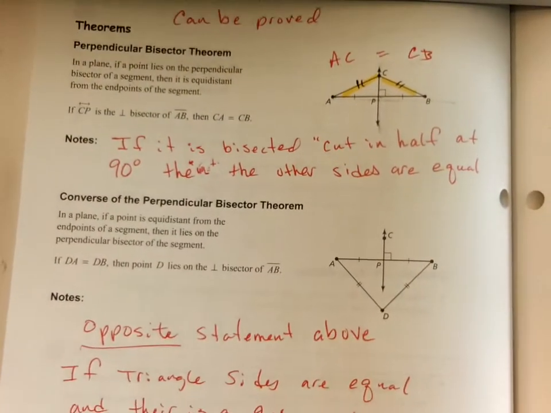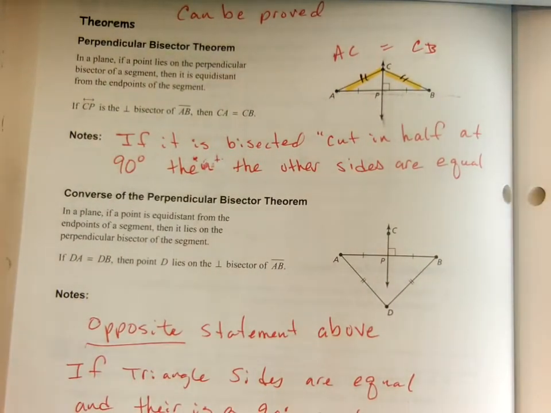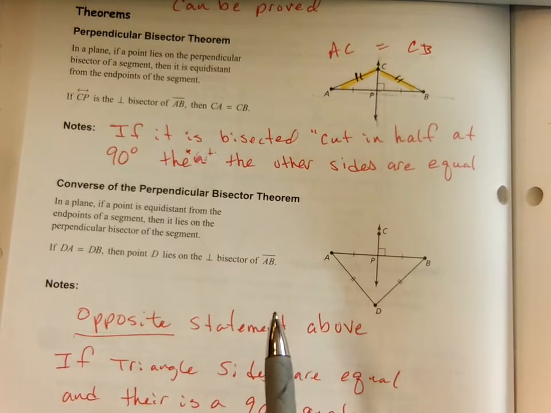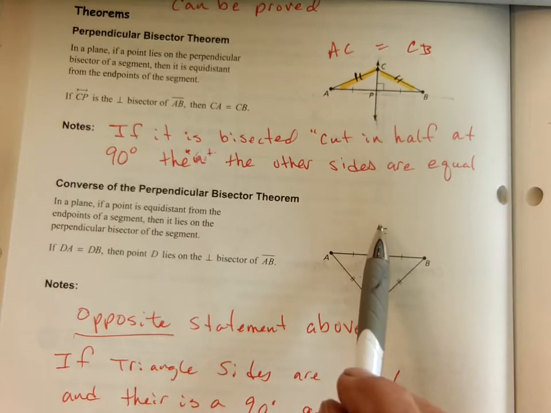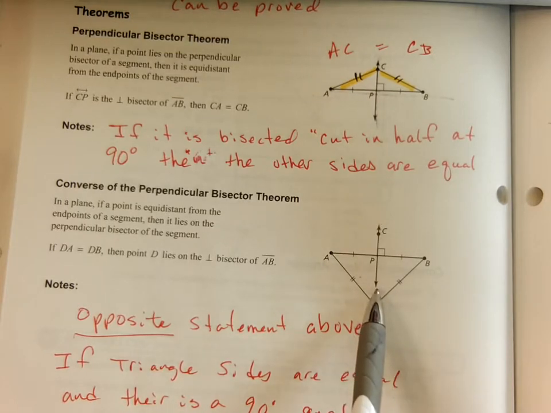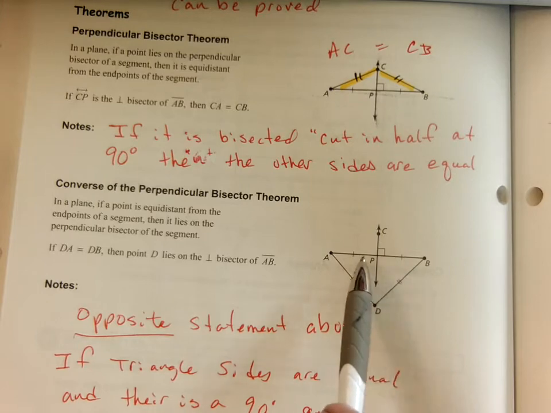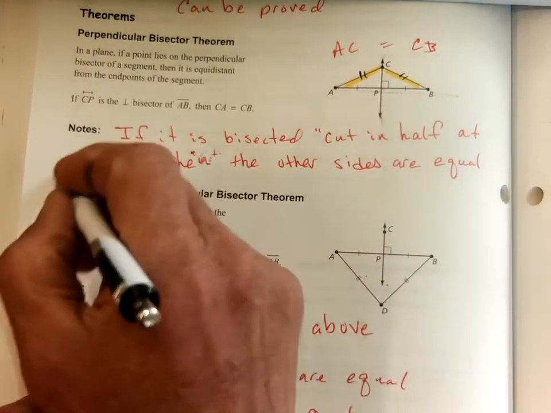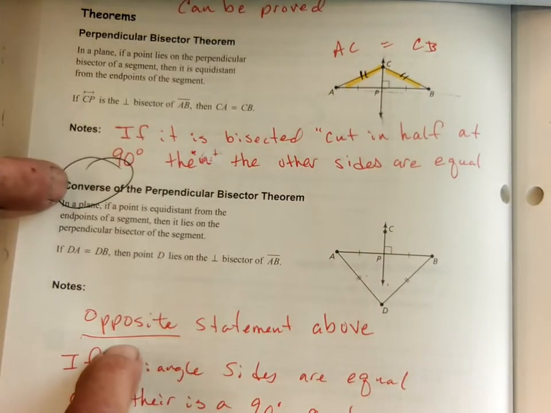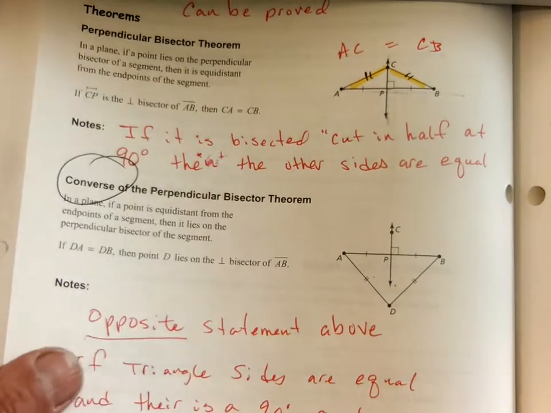And then the converse of that is just the opposite. Converse means opposite. So it says that if these two sides are equal, and you have a line that comes through at 90 degrees, then you'll have these two have been bisected by the bisector. It's just when you hear the word converse in math, converse is the opposite statement, okay?